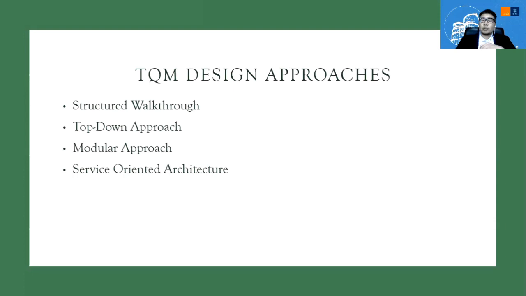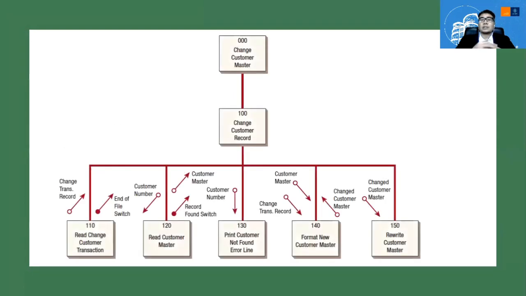For example, if we use the modular approach using a structured diagram, like this, here we can see that we have designed the customer master file. And if we change the customer master file, we use the top-down approach, then we look at that after the customer master file, there are records inside the customer master file. And for each of the records, there are actions. As you can see here, this is a top-down approach.